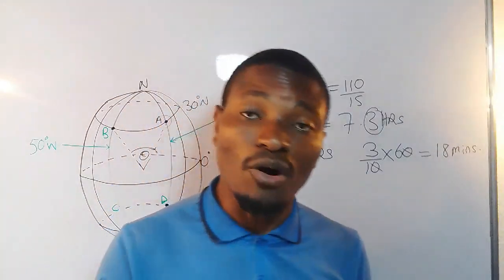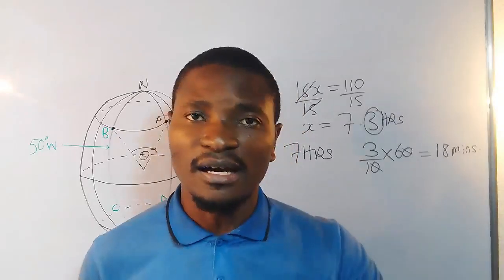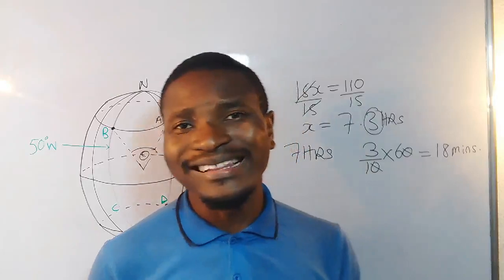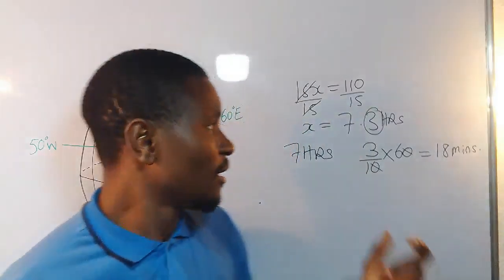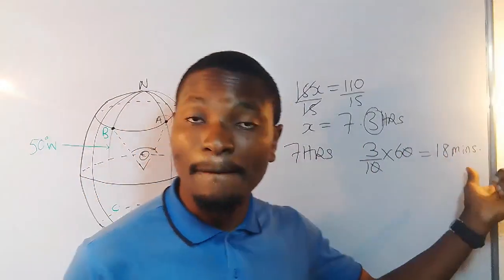So if we were to be more specific, as the earth revolves and subtends an angle of 110 degrees, it is equivalent to 7 hours and 18 minutes.